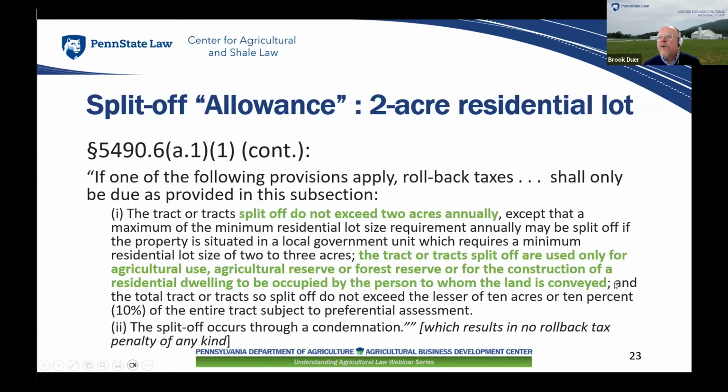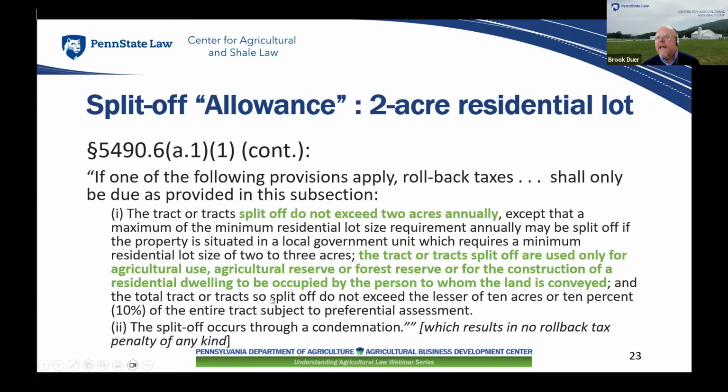Now, there is a sort of cumulative total of your ability to utilize this little allowance for split offs, however. The total tract or tracts so split off over the history of this land's enrollment under that one application do not exceed the lesser of 10 acres or 10% of the entire tract subject to the preferential assessment.